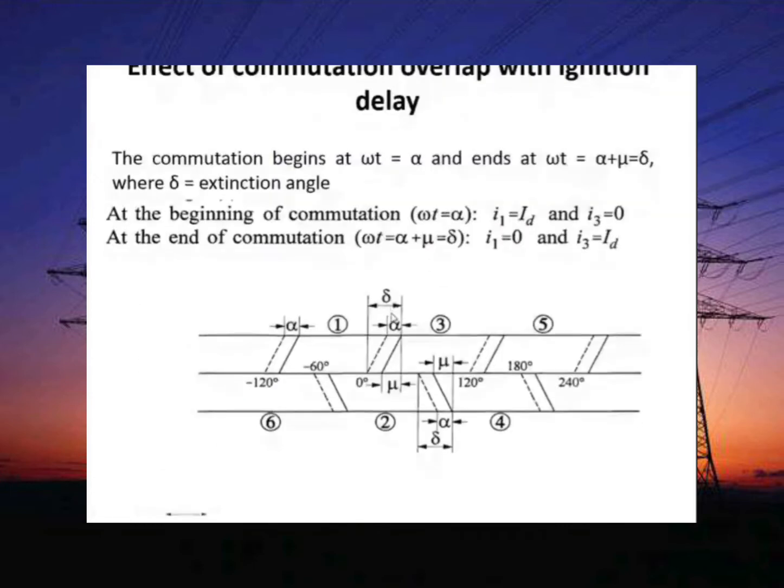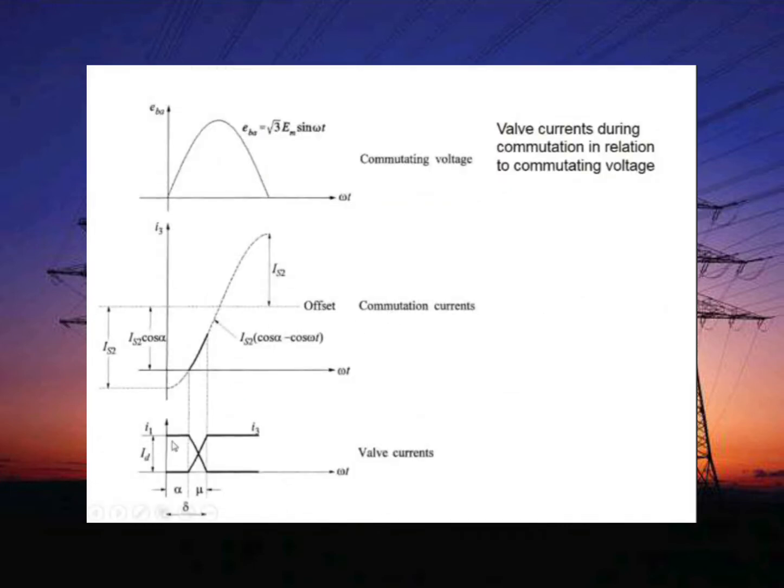So see the waveform here. The commutation begins at omega t equal to alpha. At that time the current in valve 1 is ID.